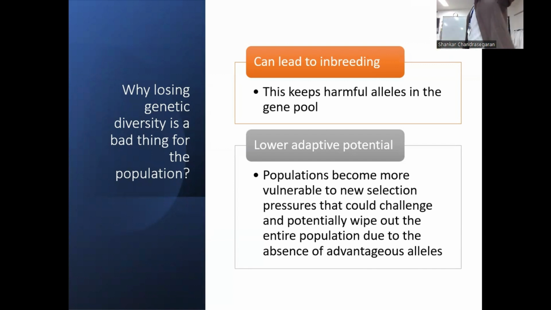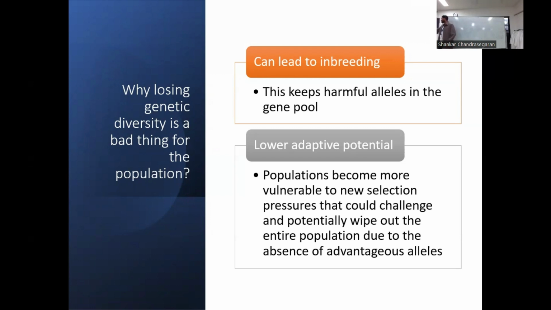And that's only because there was a variation existing in the population. If there is a low amount of variation, then the population suddenly becomes more vulnerable to new selection pressures that could potentially challenge and wipe out the entire population due to the absence of any advantageous alleles.